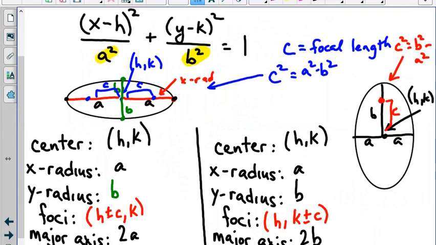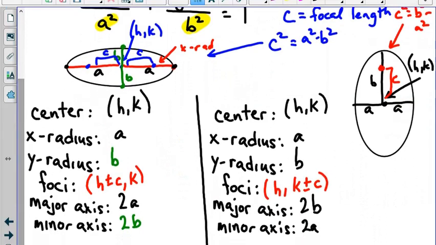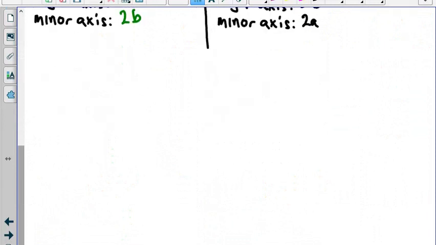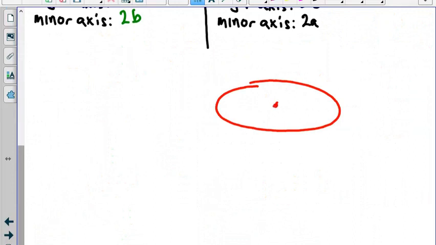One thing that I want to make a point of noting is, let's say we have an ellipse, and the center is at h, k, and then we know this distance is c. We know that this distance was b since it's stretched in the x direction. That's a.